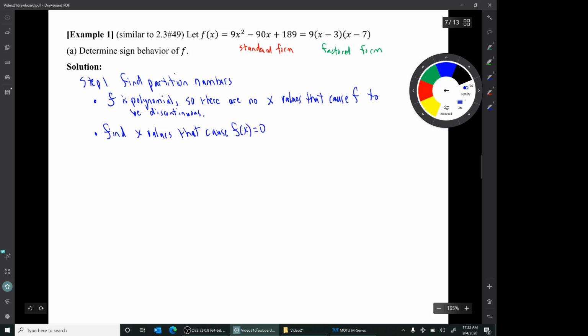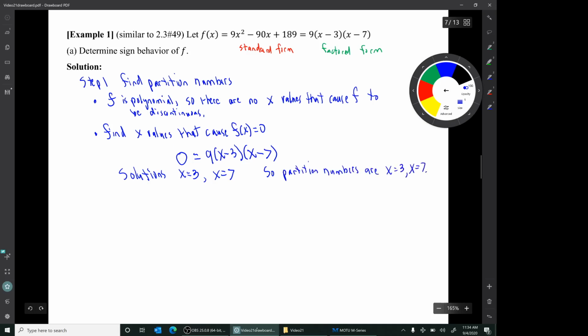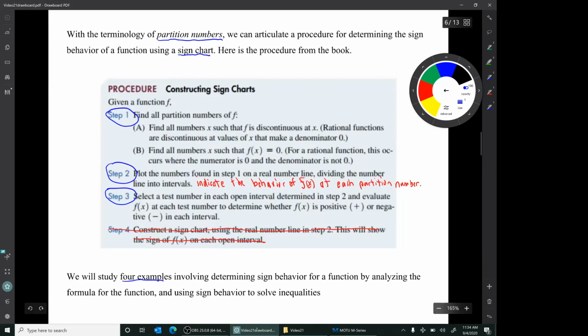So I'm going to turn this around. Now the solutions to this equation are x equals 3, x equals 7. So those are our partition numbers.